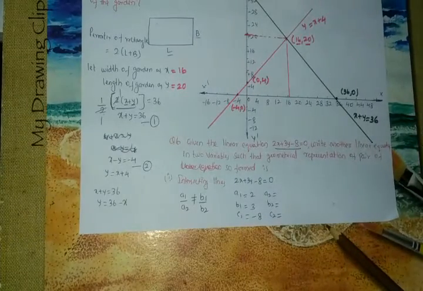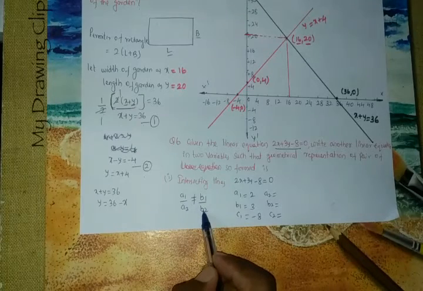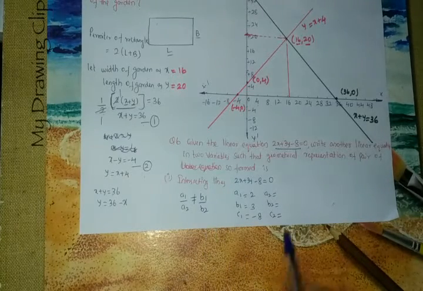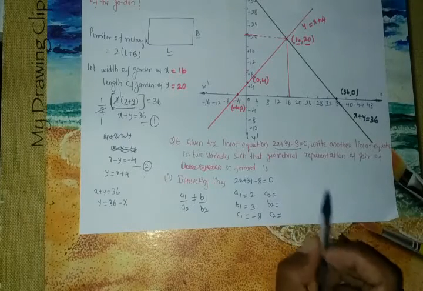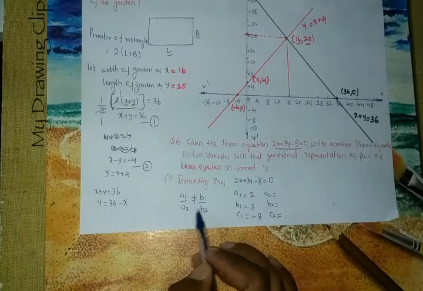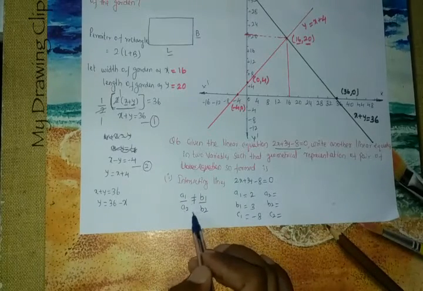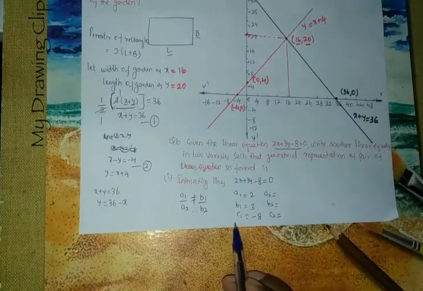So simply we have to make a1 by a2 not equals to b1 by b2. You can take any value of a2, but the thing is you are not making these two ratios equal. So for that, let me take any random value.